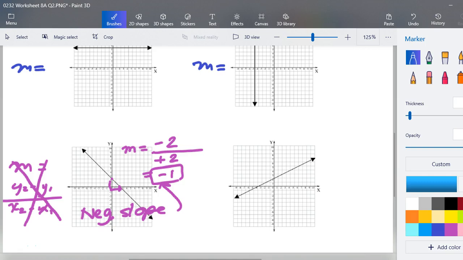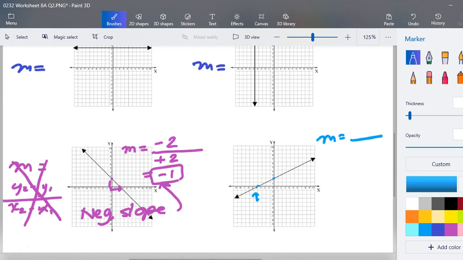Let's do the same kind of process on this line. Again, you can go through the formula. You can do various and sundry things. Just make sure that whatever you're doing is accurate every time. So on here, I'm going to find a dot. To get from one dot to the other, it doesn't matter which way I go, I just need to be consistent with how I write the information down. I'm going to start with this dot, and I need to put the vertical change in the numerator.